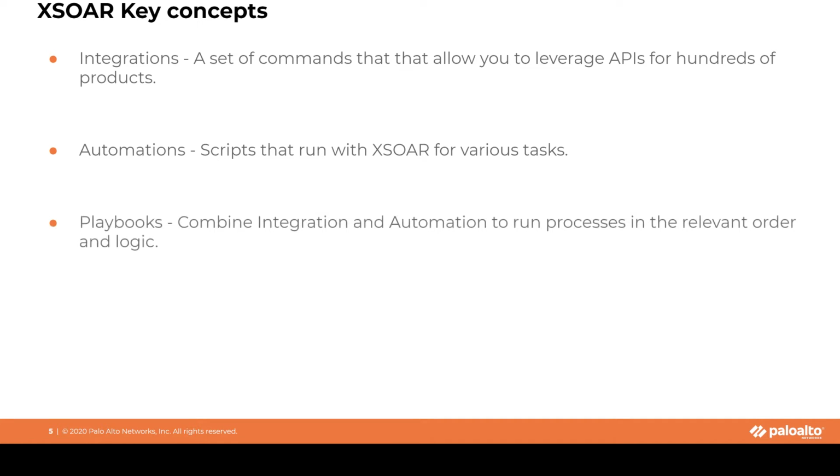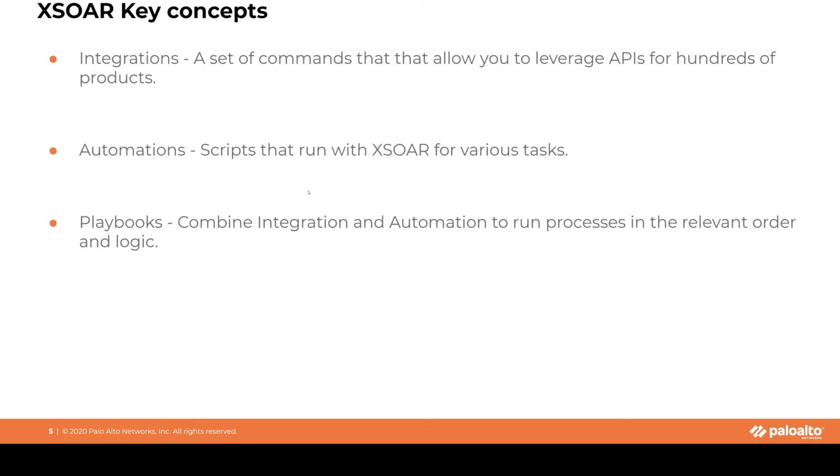And playbooks, you can think of them as flowcharts in which each object can be an integration or an automation command. Playbooks take these integrations and automations and line them up in the proper order and logic, which enables you to complete your processes, and all of this in a fully customizable manner.